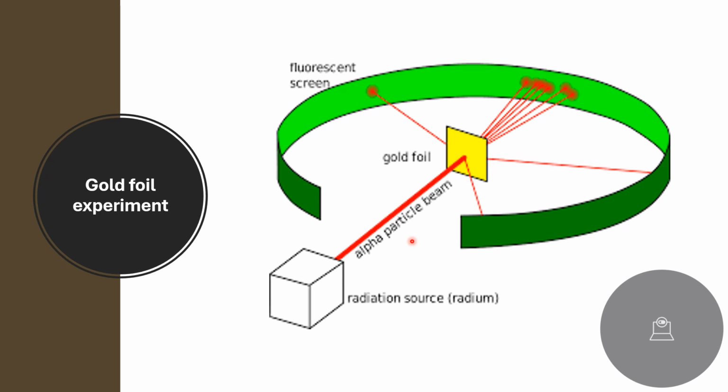Rutherford concluded that the positive charge in an atom isn't spread out but concentrated in a tiny dense region called the nucleus. His first conclusion was the positive charge is concentrated at the center and that center is called the nucleus.